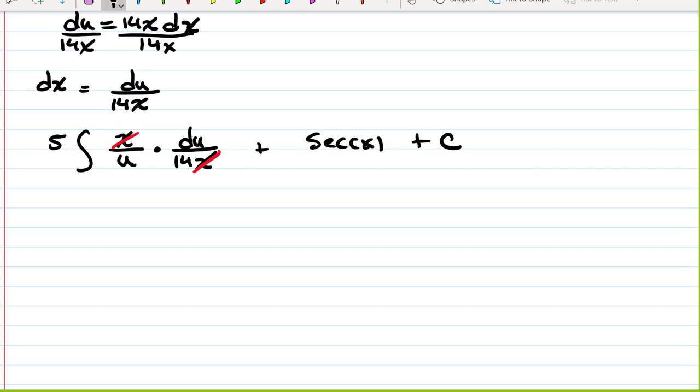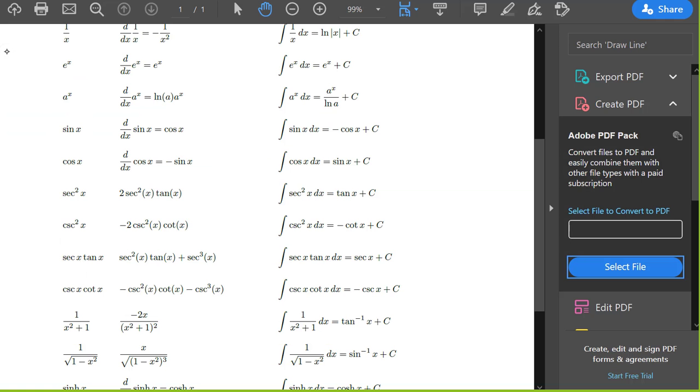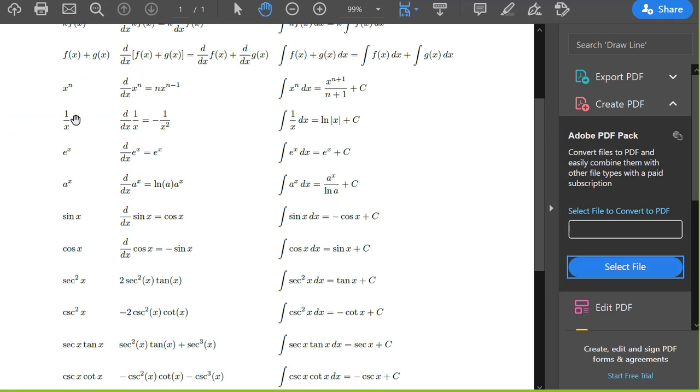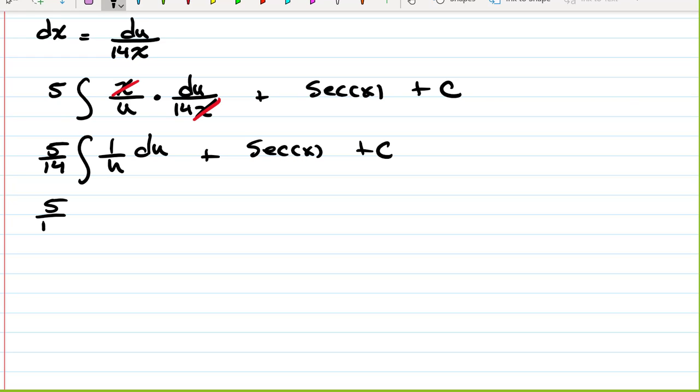So now we can pull our 14 out, and we have 5 over 14 times the integral of 1 over u du plus secant x plus c. And we look at our integral sheet, and what's our integral of 1 over u? Well, 1 over u, or 1 over x, is the natural logarithm of the absolute value of x, or in this case u, plus secant x plus c.